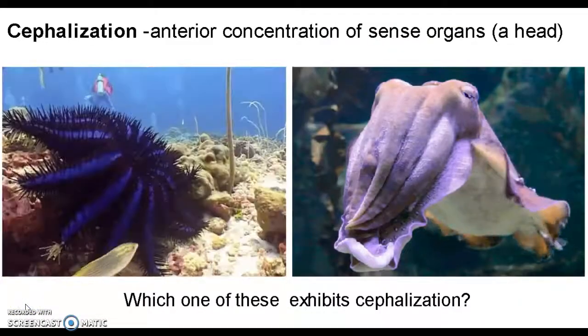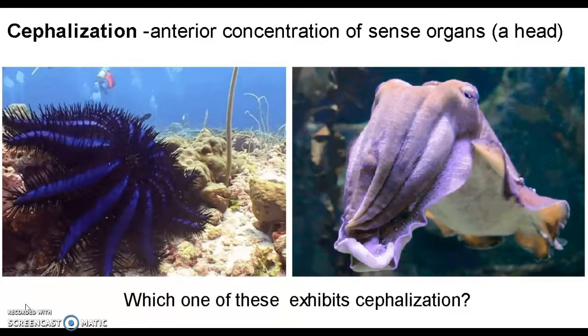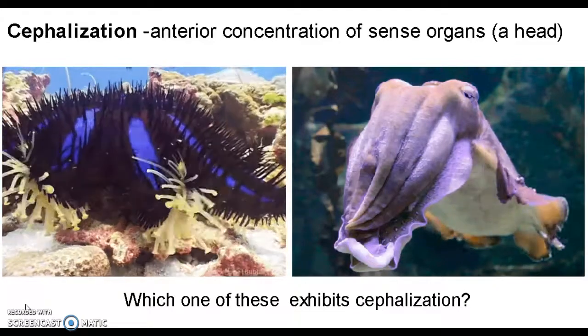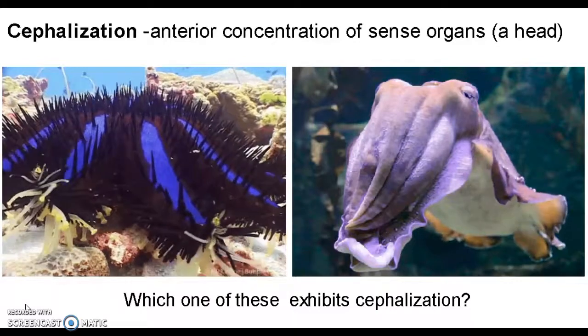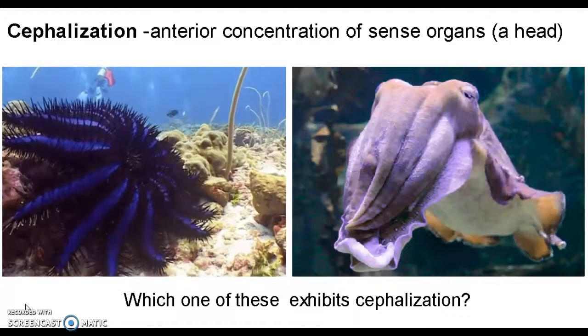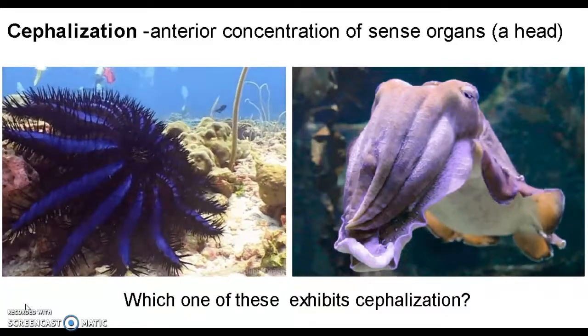The next step in evolution, once bilateral symmetry came to be, was cephalization. And cephalization means an area of concentrated sense organs. In other words, a head.